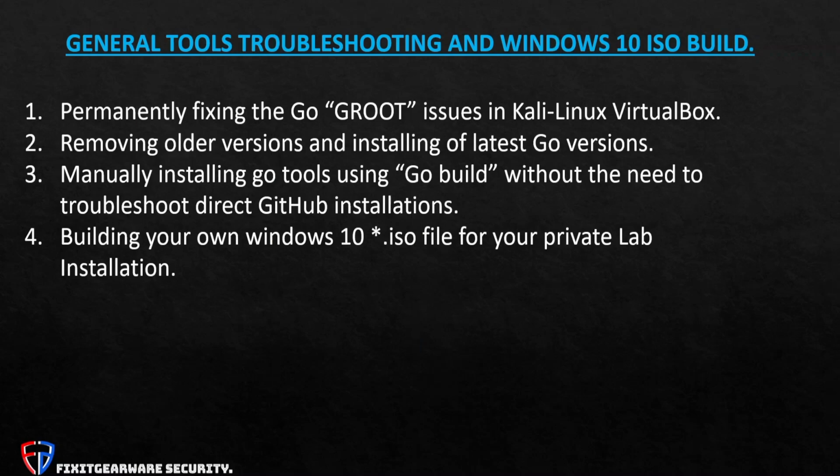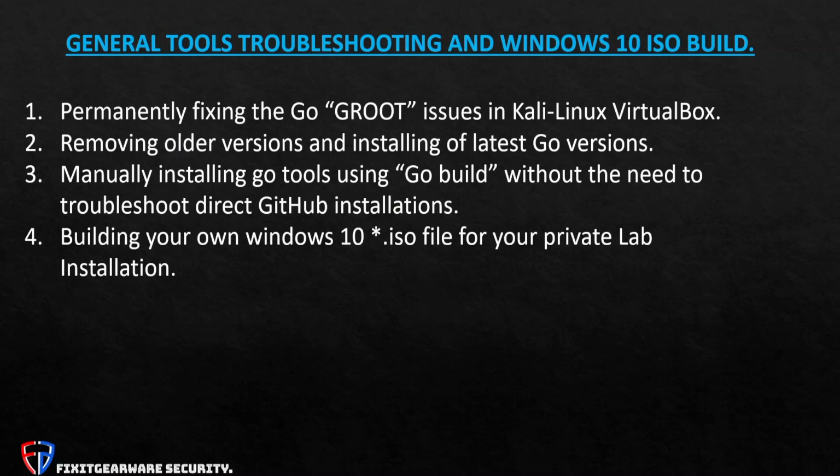So guys, we hope that after this video, you are now able to permanently fix the Go root issues in Kali Linux running on VirtualBox machine. You're also able to remove the older versions of Go and install the latest versions without having issues.